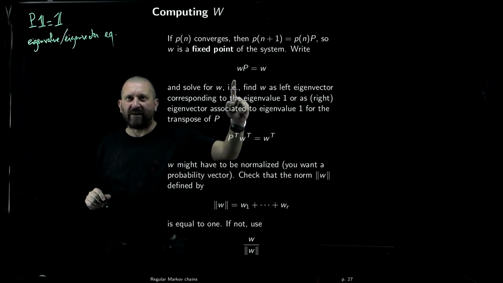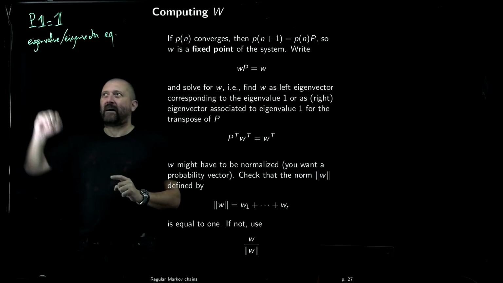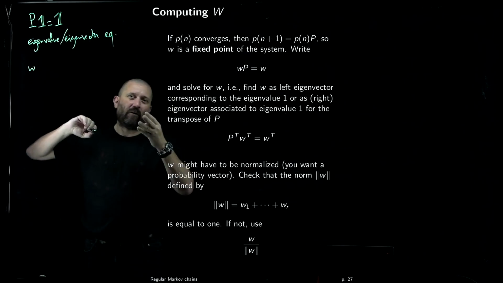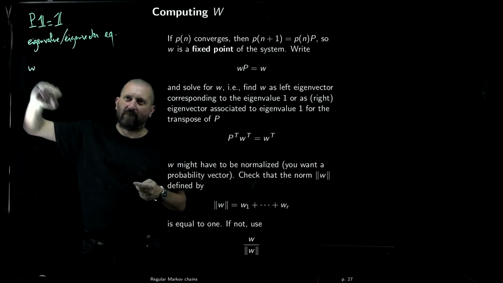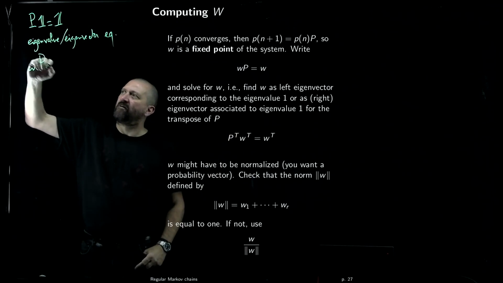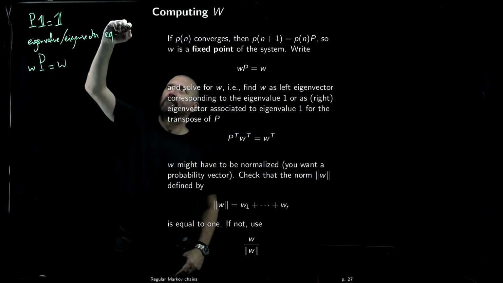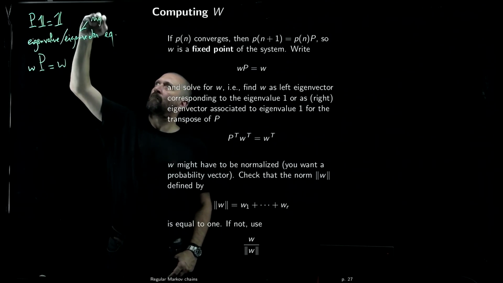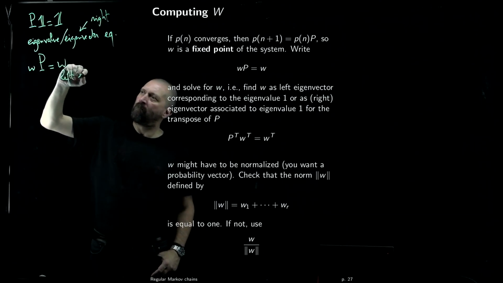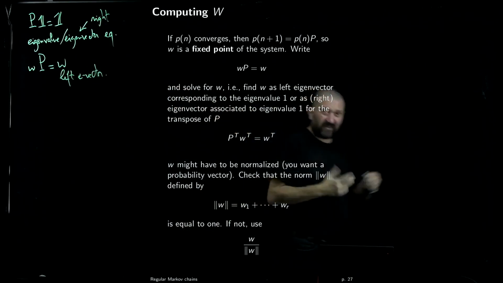And now what we're saying is, well, our limit is actually going to come as the left eigenvector, W. So I could think of, if we use the notation of vectors in columns, that would be with a T, okay? But here, remember that I'm looking at vectors as being row vectors. So this one is now the, so this is right, and this is left eigenvector. Okay? So that's how I find my limit.